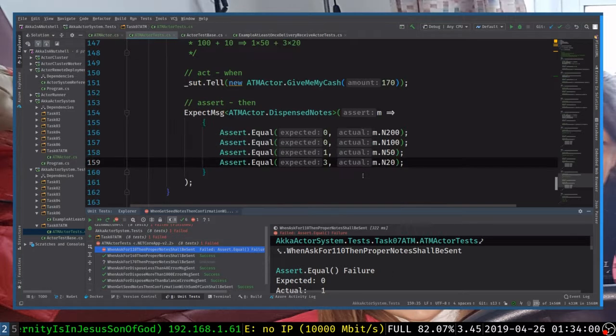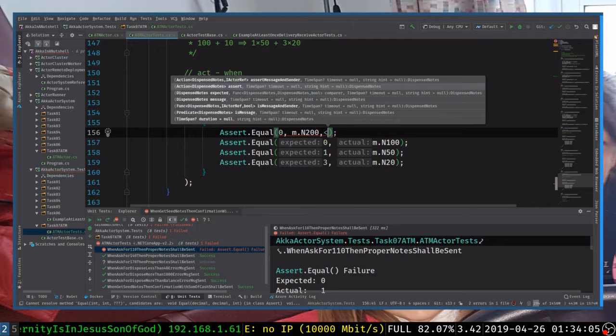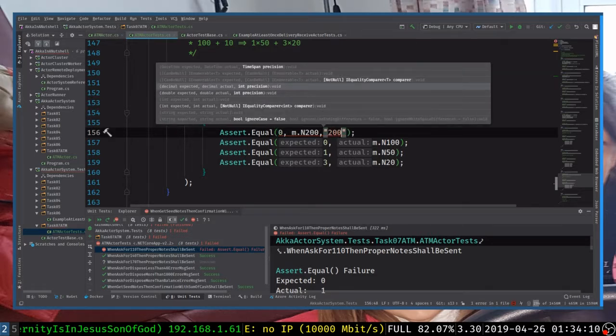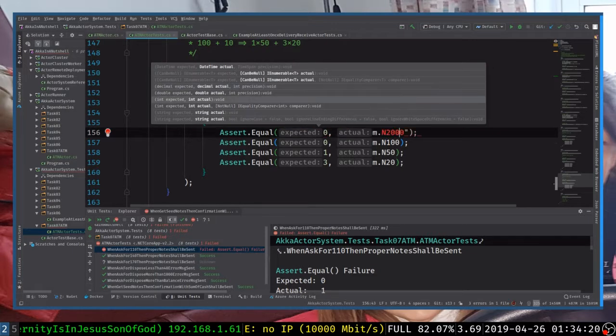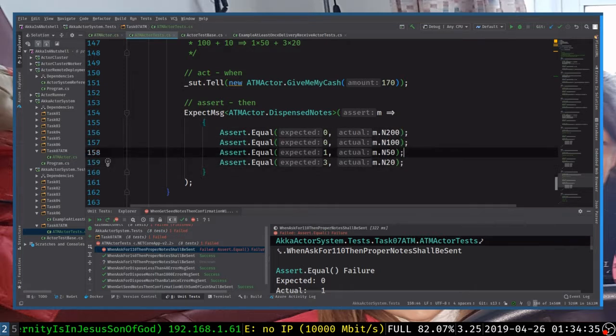Okay, so what we could also do here is say target. Oh, does it provide us? Oh, so we have that.